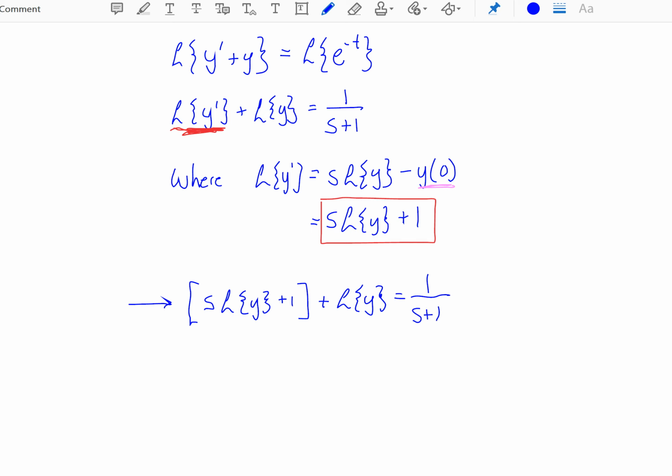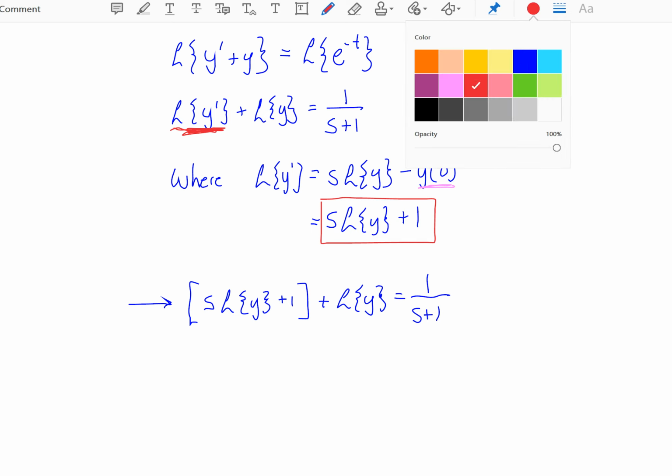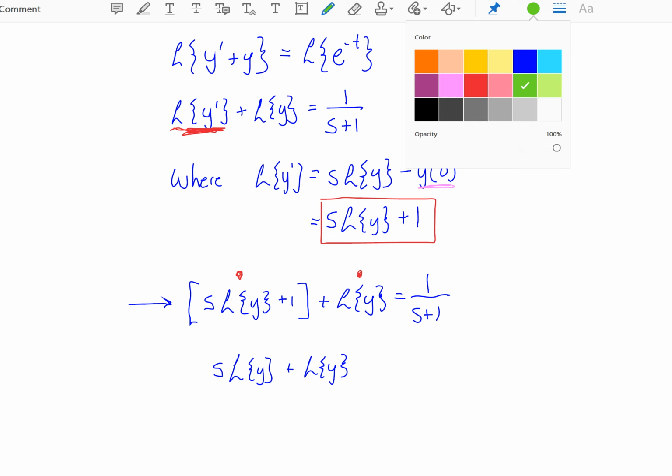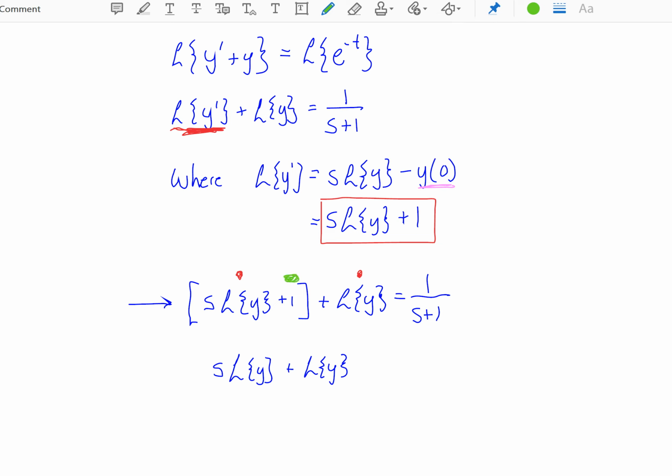Now let's isolate all of the terms involving the Laplace of y, which is this one and this one, on the left-hand side. And then our term, the plus 1 that does not have a Laplace of y, let's move that to the right-hand side.